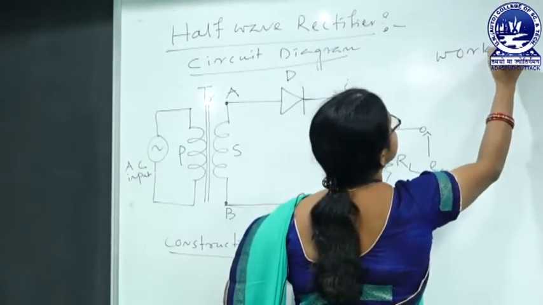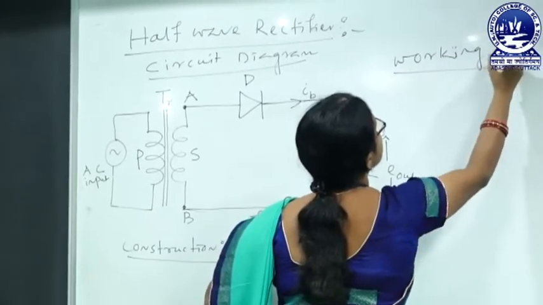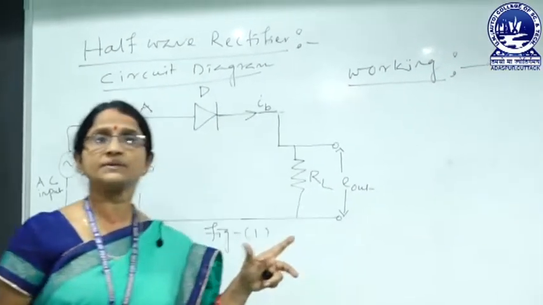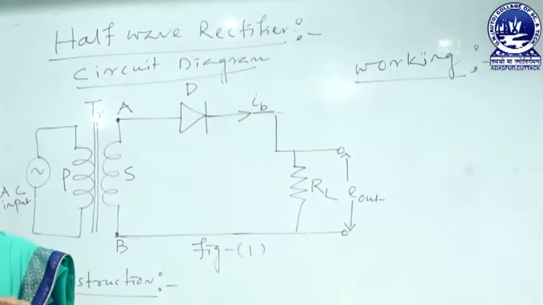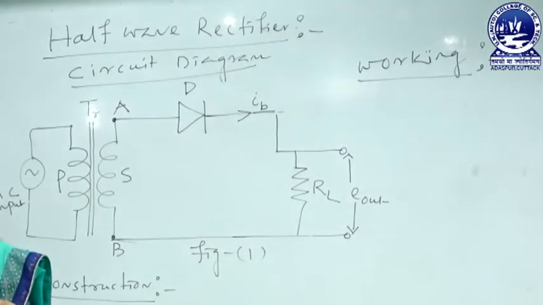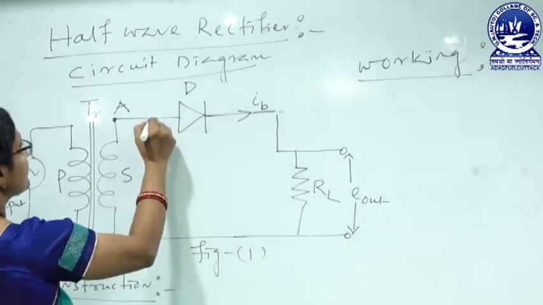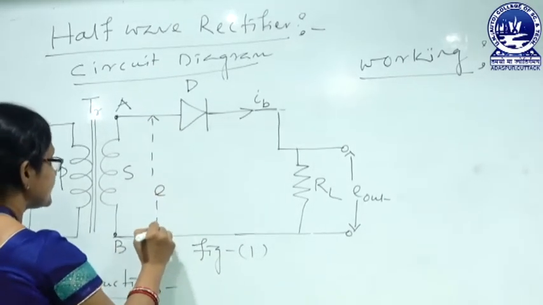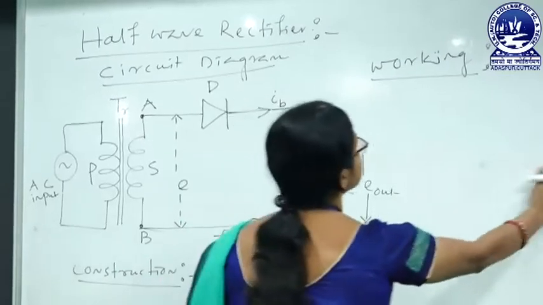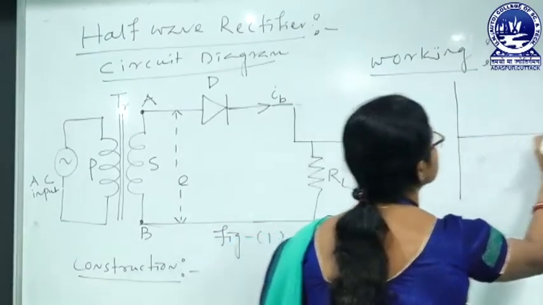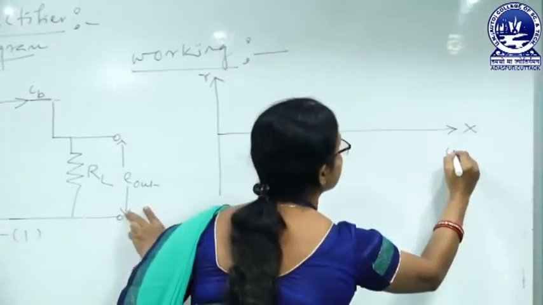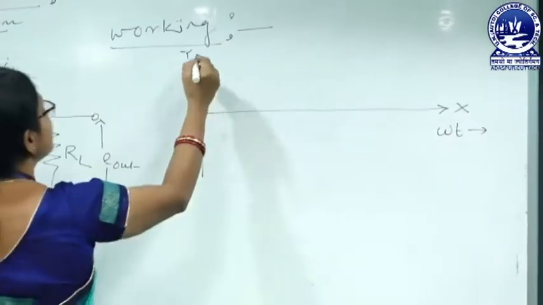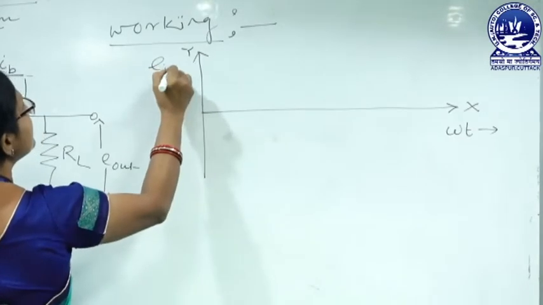Working or operation. For this purpose, we draw a graph between omega t versus input voltage E in. Along x is omega t, and along y is E input.